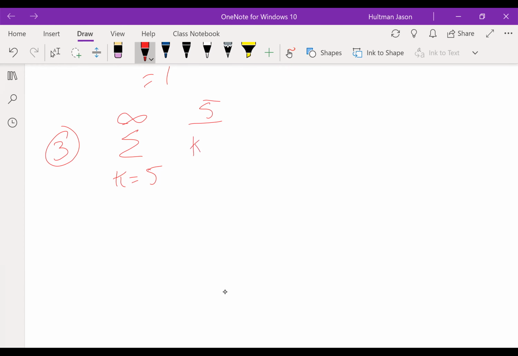Yeah, natural log k. Here we go. Okay, k times natural log k to the 7th power. So we want to know, is this thing going to converge or diverge? If I change this to an integration, this is going to be the integral from 5 to infinity of 5 over x times natural log x to the 7th power.